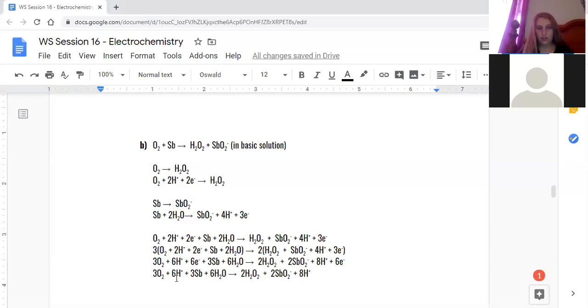If we have 6 H plus ions over here and 8 over here, that means we can completely get rid of these 6, and we can get rid of 6 of them over here. So 8 minus 6, and we have 2 hydrogens left on this side. Aside from that, we don't have any oxygen on the other side, we don't have any Sbs, and we don't have any waters over there. Okay, so we should be good. So then we have this as our final equation.